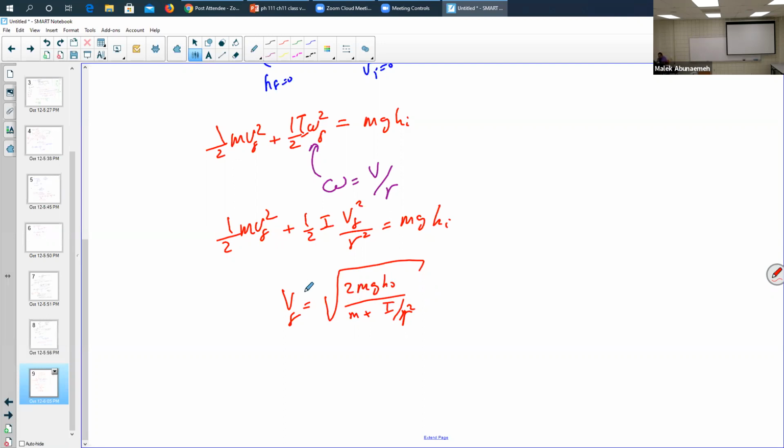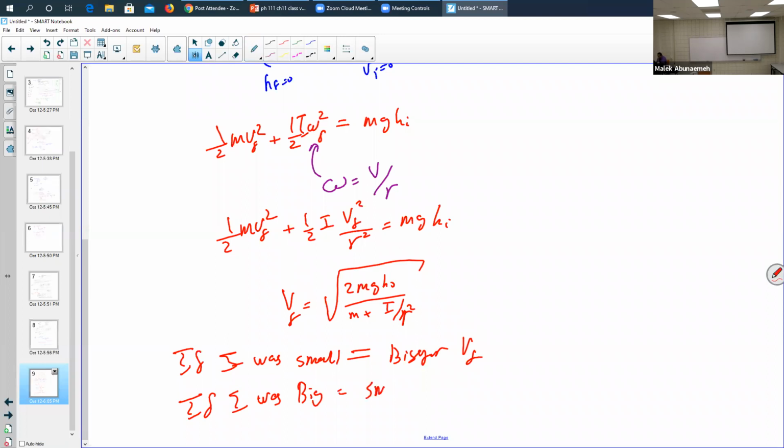So if I was small, you're going to have a bigger final velocity, and if I was big, that means a smaller final velocity. So you just put in the masses and the moments of inertia for those, and you find out which one goes in.